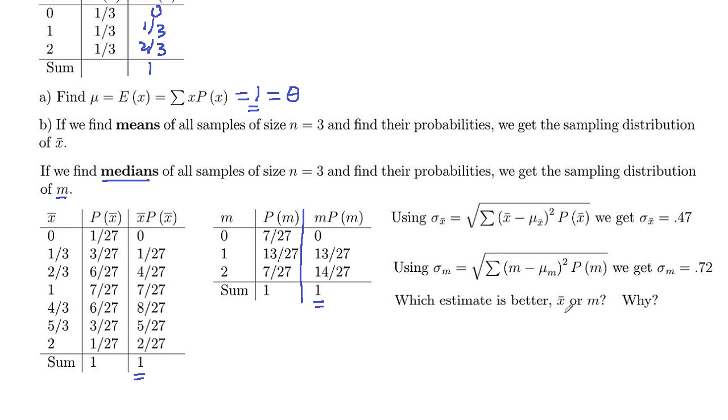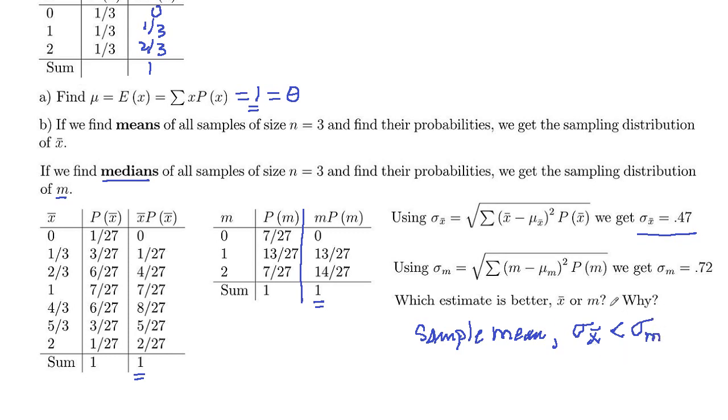So which estimate is better? Well, it's going to be the sample mean because the standard deviation is less. So for the sample mean, sigma x bar is less than sigma m.